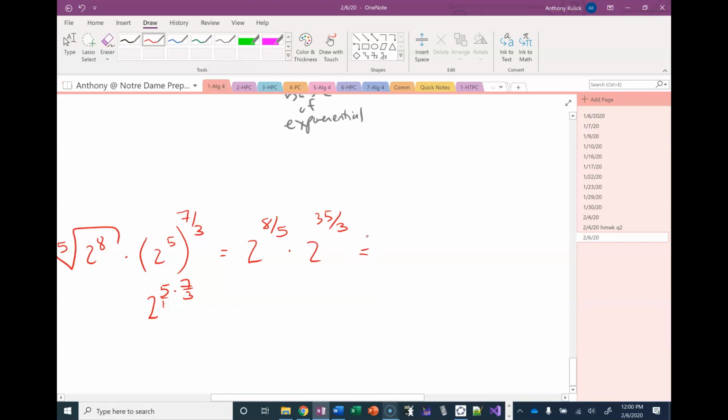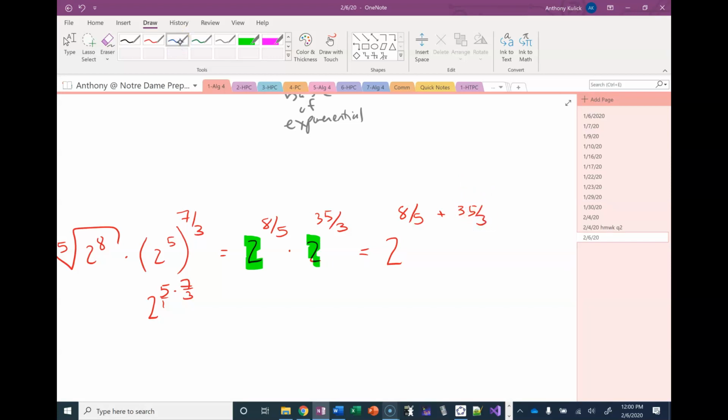So, can I multiply these two exponentials together? Yes. Why can I do it? Because the bases of the exponentials are the same number. Since both of the bases are 2, I can multiply these together and get 8 fifths plus 35 thirds.